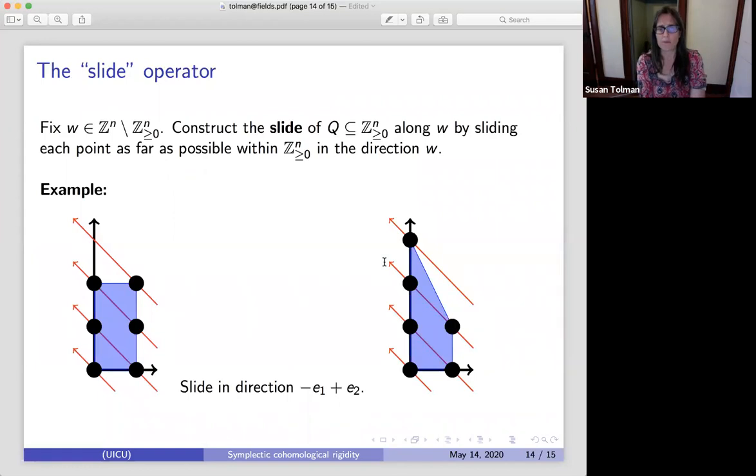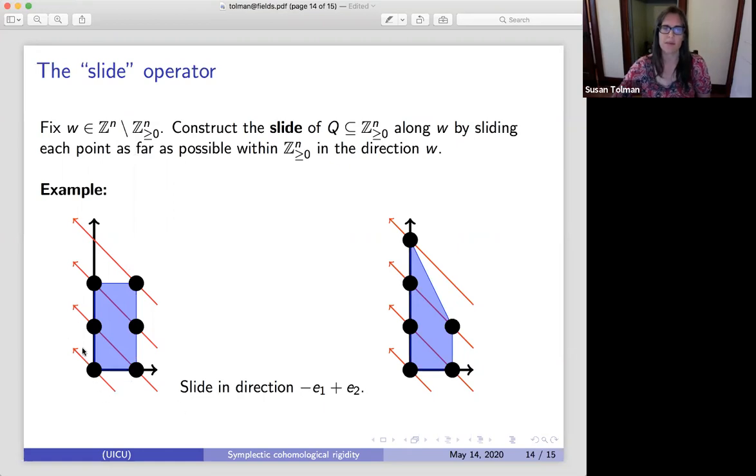So to get into more of the details, that's the big picture of this theorem, which is quite general. I want to talk about something we call the slide operator. So you fix a W in Z^n, and I don't want all the coordinates to be non-negative. I want at least one negative coordinate. So here in my picture, W is minus e1 plus e2.